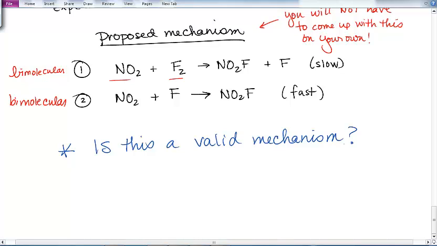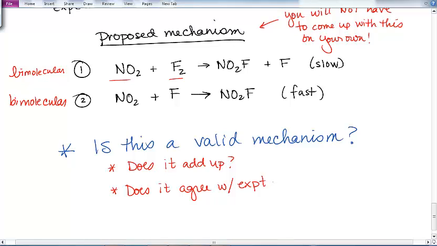The way we're going to answer that question is by seeing if they follow the rules for elementary steps. So we want to know, in order to answer that, does it add up? Do the equations add up? And does it agree with the experimentally determined rate law?